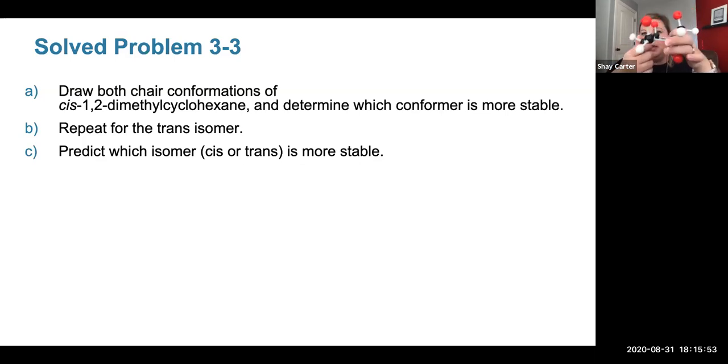If we flip it, we can get them both into the equatorial positions, and that's going to be the most stable, where both of those methyl groups are equatorial. Trans is going to be most stable because we can get both of those groups into the equatorial conformation.